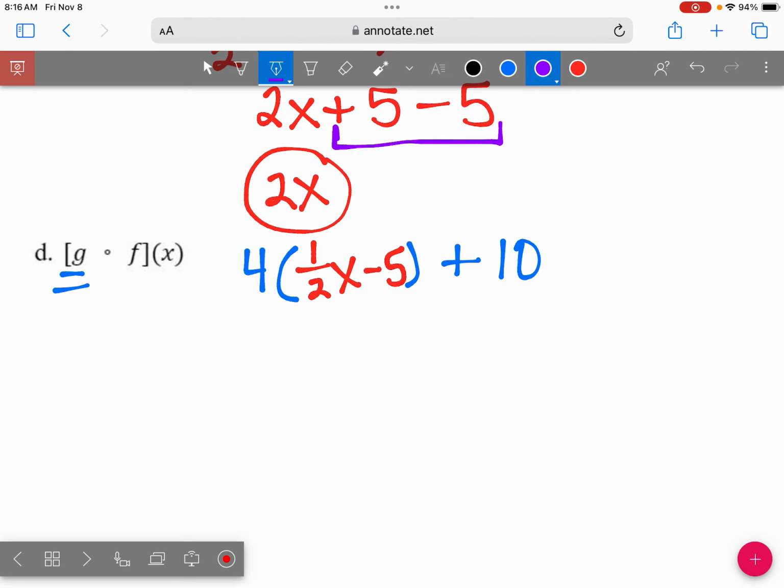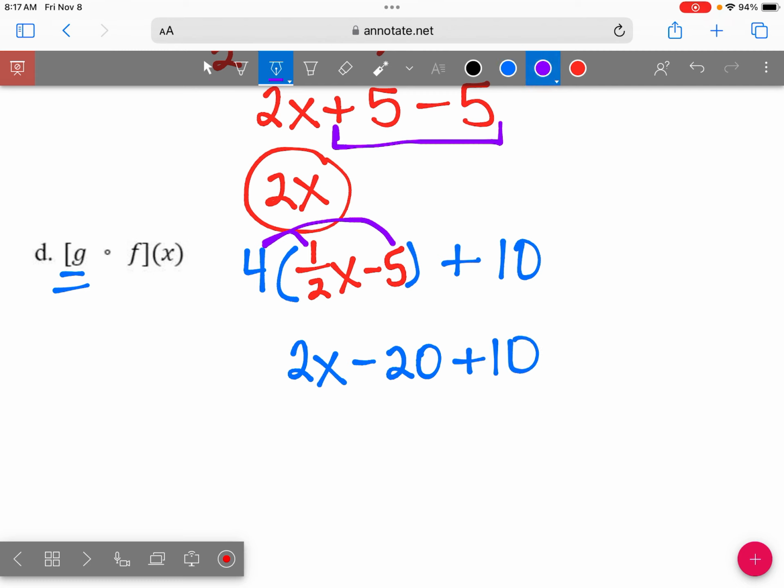So again, we have 4 times 1/2. 1/2 of 4, we already said is 2x. And then we're taking 4 times minus 5. 4 times negative 5 is negative 20. Bring down the plus 10.